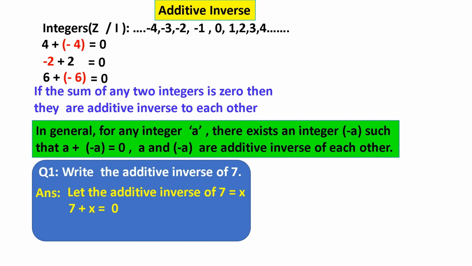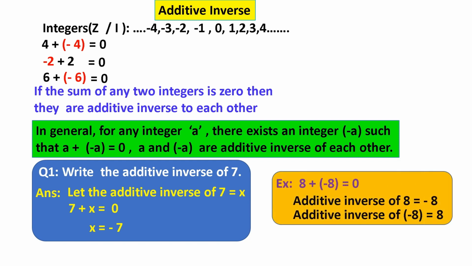Now 7 plus x is equal to 0. So x is equal to minus 7. So minus 7 is the additive inverse of plus 7. Next, 8 plus minus 8 is equal to 0. So the additive inverse of plus 8 is minus 8, and the additive inverse of minus 8 is plus 8.